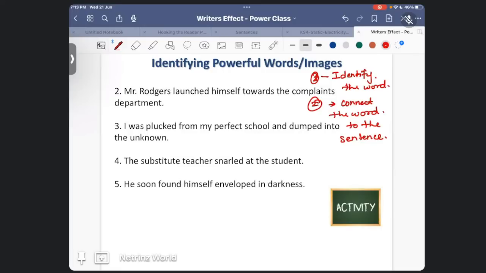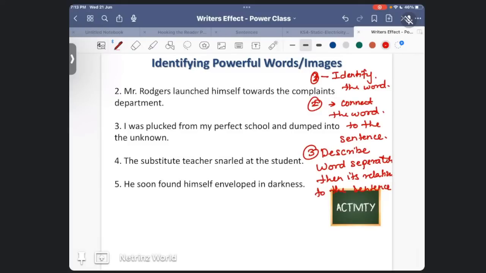Step number 3: describe the word separately and then its relation to the sentence. Clear?